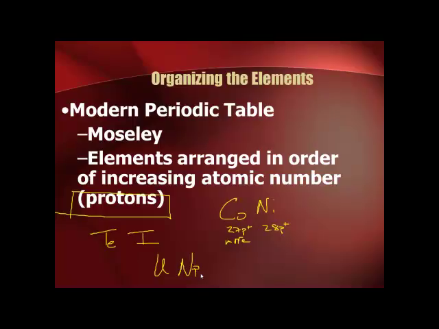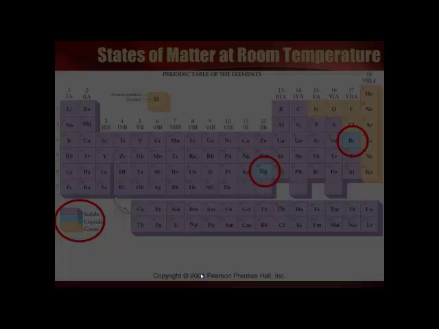Uranium's mass is higher than neptunium. And I want to say there's actually like 5 or 6 different places on the periodic table where the atomic number goes up and the mass goes down. So it's really important to know that the periodic table is arranged by protons. Now, how it gets its funny shape, that's something we're going to talk about in Unit 3.